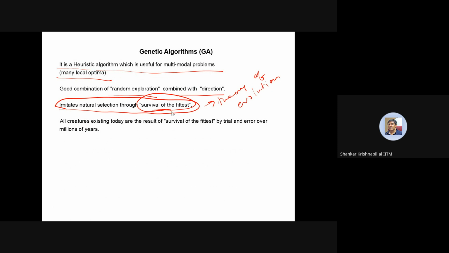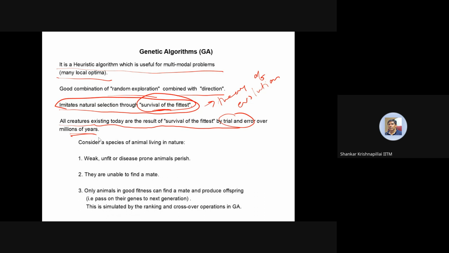So what is basically survival of the fittest? All creatures which are existing today are the result of survival of the fittest competition by trial and error over millions of years. Now we look at the meaning of survival of the fittest.